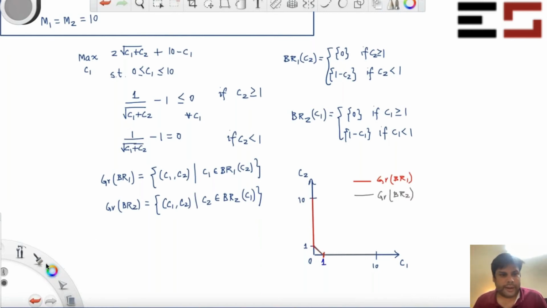Fine. And check that this is where the overlap happens. This is the intersection, right? These are all the intersections. So basically we have multiple Nash equilibria in this case. Let me write the set of Nash equilibria.